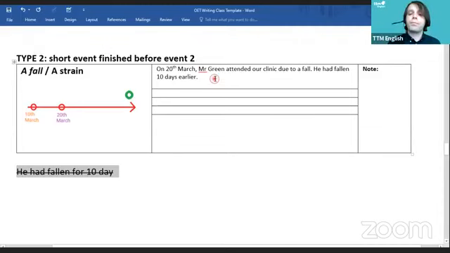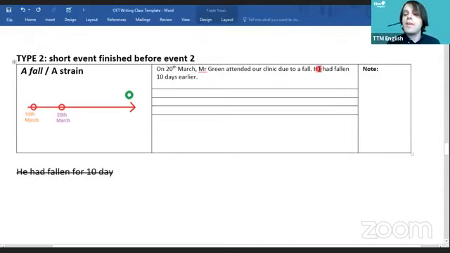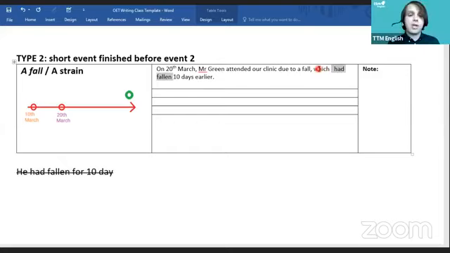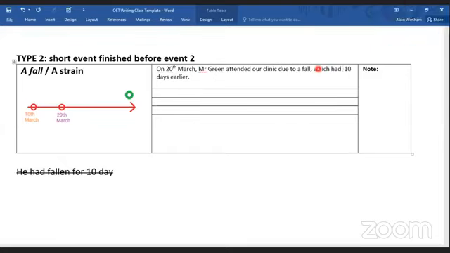So he had fallen. Now, Rafaela, I tend to like it in a relative clause in OET because you can make more complex sentences, can't you? So you could say, what's missing here? Which. Okay, but we now need to change it, right? How about which had a fall?